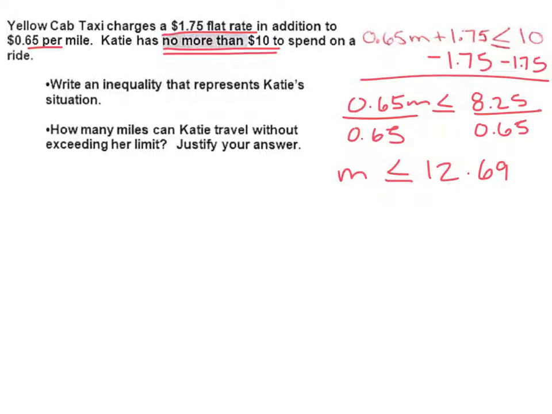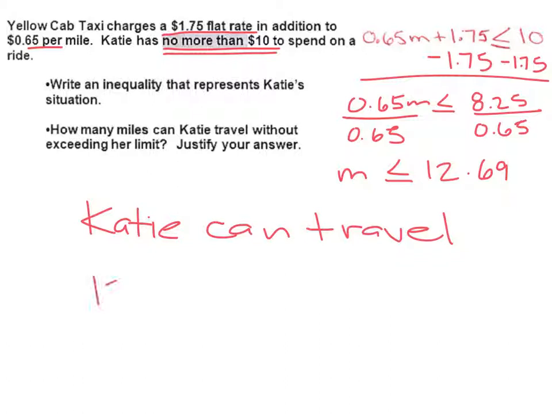So right here, the answer would be, if you're just looking for a whole number answer, this means that Katie can only travel 12 miles. As you can see, we are not rounding up to 13.